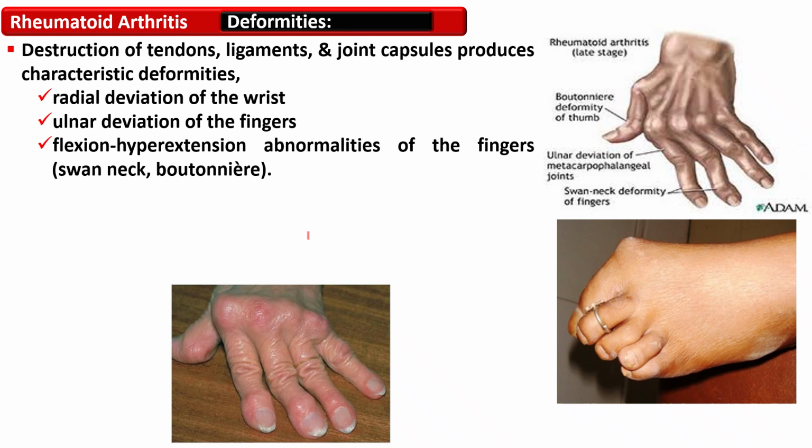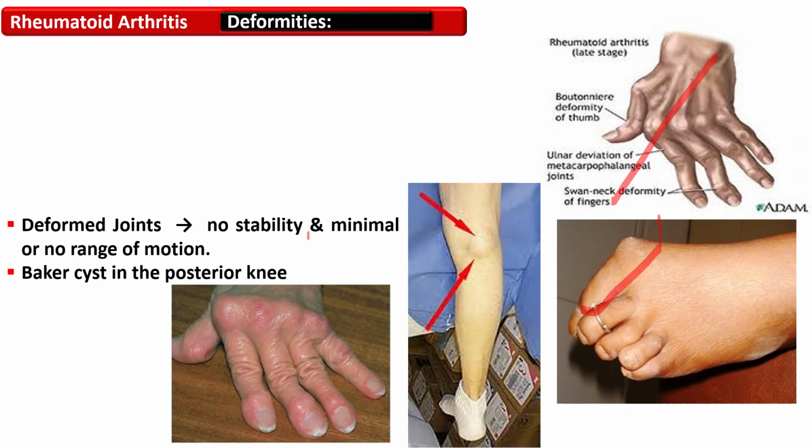Some are characteristic of the disease, such as radial deviation of the wrist, ulnar deviation of the finger, and swan neck deformity, which is basically flexion and hyperextension abnormality of the finger, or there can be deformity of the thumb.